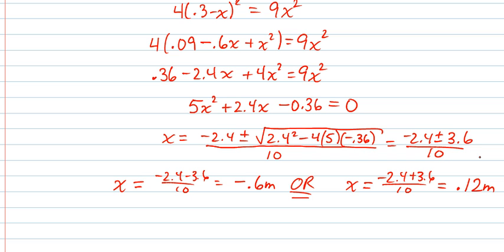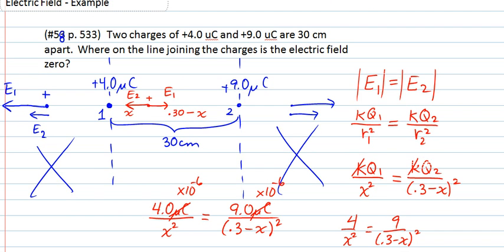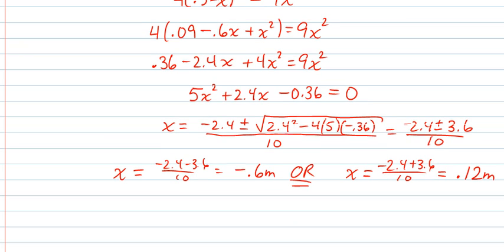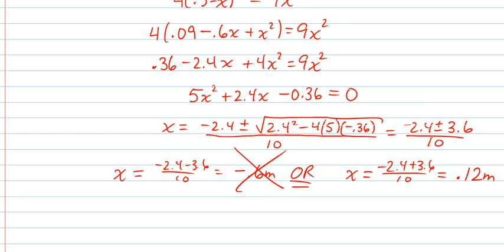Now if we look at our diagram, x starts at the 0 point, if you will, at charge 1 and goes to the right. So negative 0.6, or 60 centimeters to the left, that first answer is just not going to work. And the second answer, 0.12, that's what we want.